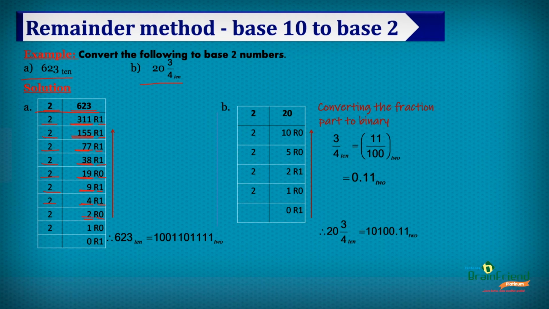And 2 divided by 2 gives us 1, remainder 0. 1 divided by 2 gives us 0, remainder 1.